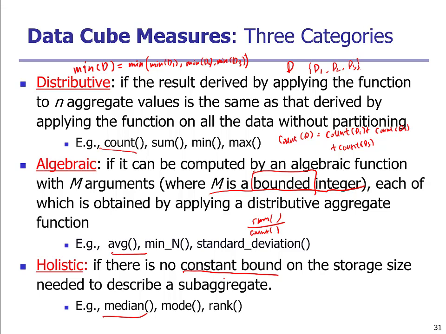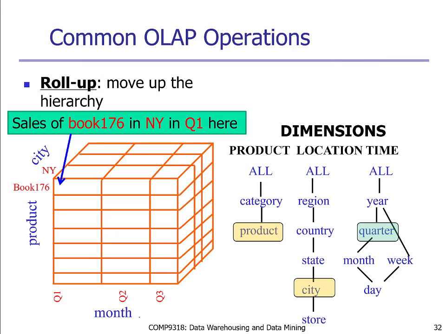Apparently, distributive is the easiest one, and holistic is the most difficult one, right? And all right, so there are four common operations in OLAP: roll up, drill down, slice and dice, which is basically one operation, and pivot.